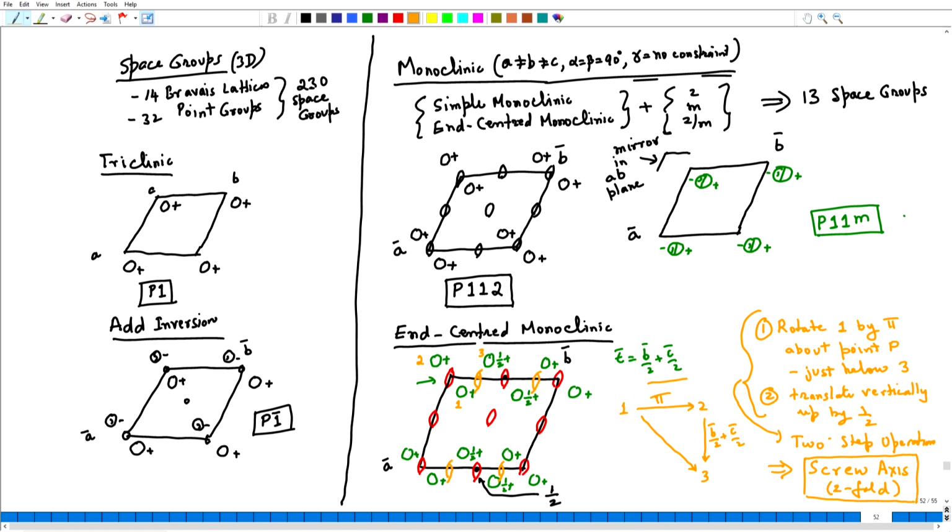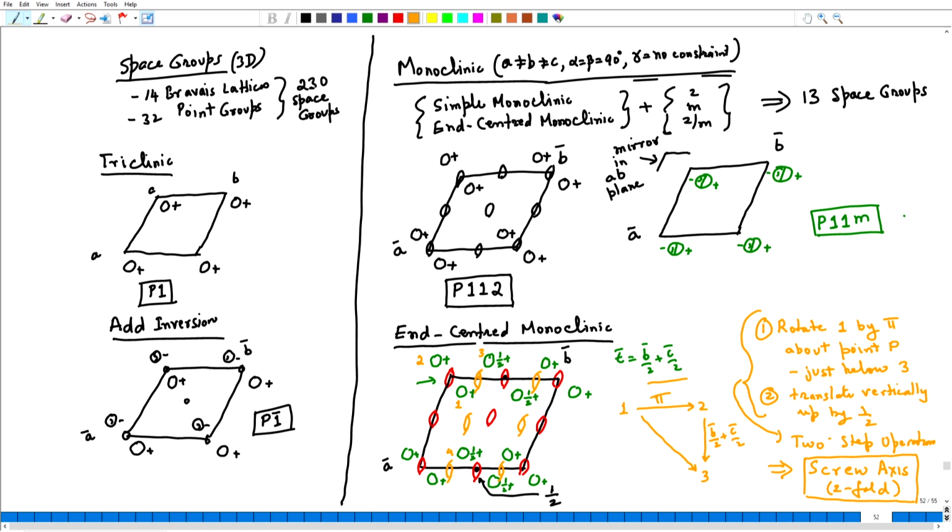And if you notice, let us say between 1 and 4, how do we go from 1 to 4 and 4 to 1? There is going to be a screw axis out here, there will be a screw axis out here. This completes this particular space group diagram.